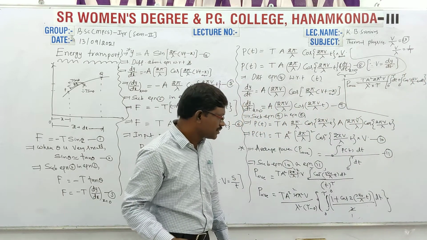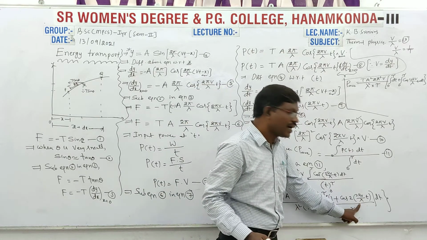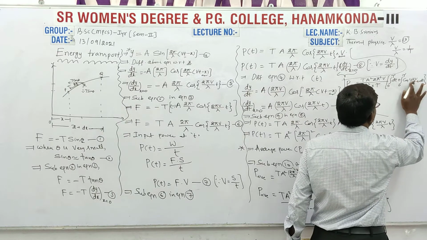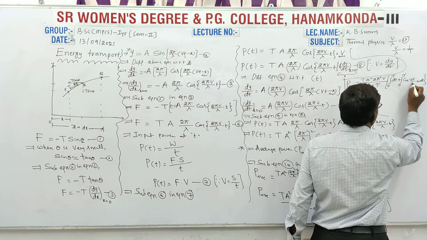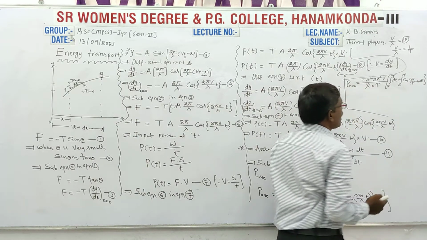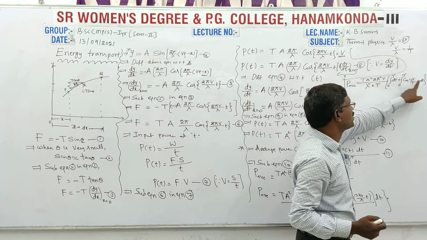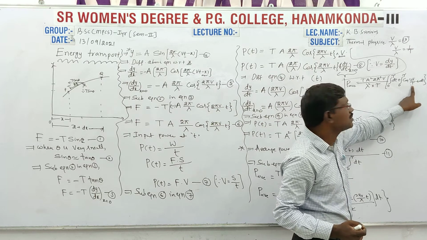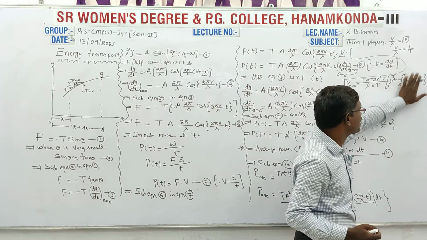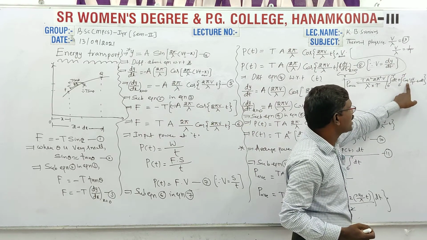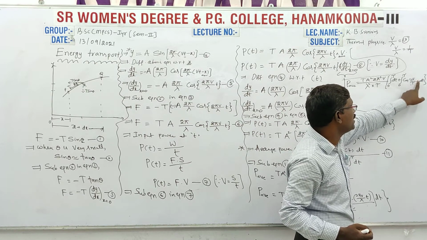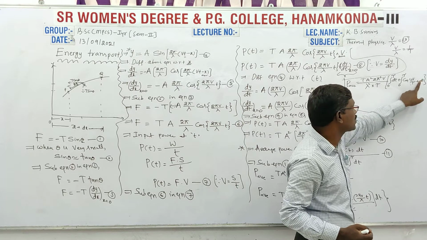So you can replace v by lambda as 1 by tau. And we are substituting upper limit tau instead of small t, tau gets cancelled. So after integration, cos becomes sine 4 pi by tau, instead of t we substitute tau, and tau gets cancelled.